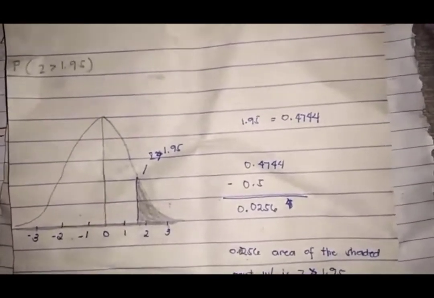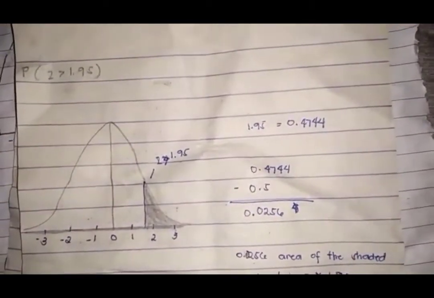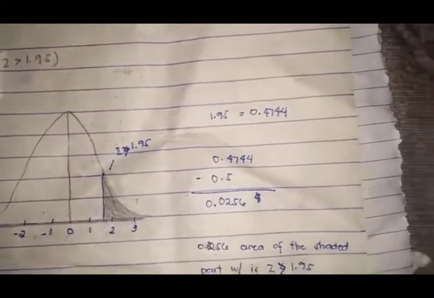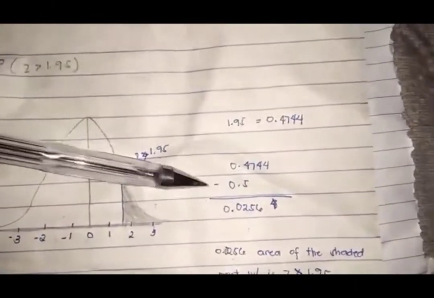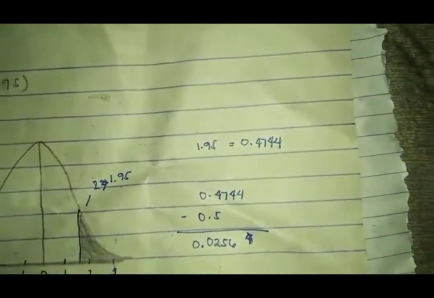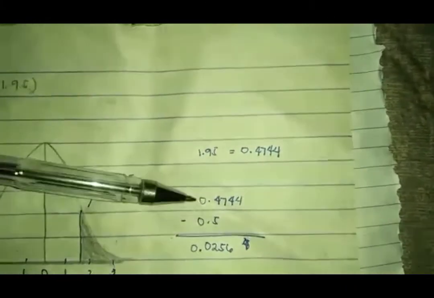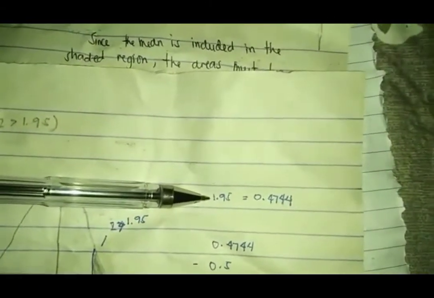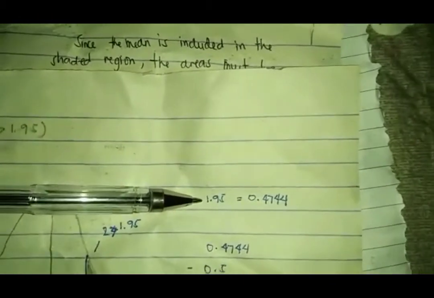So the shaded part is only from the 1.95 to the extreme right of it. So 0.5 minus 0.4744 is equal to 0.0256. So 0.4744 is the equivalent of 1.95, or the z.